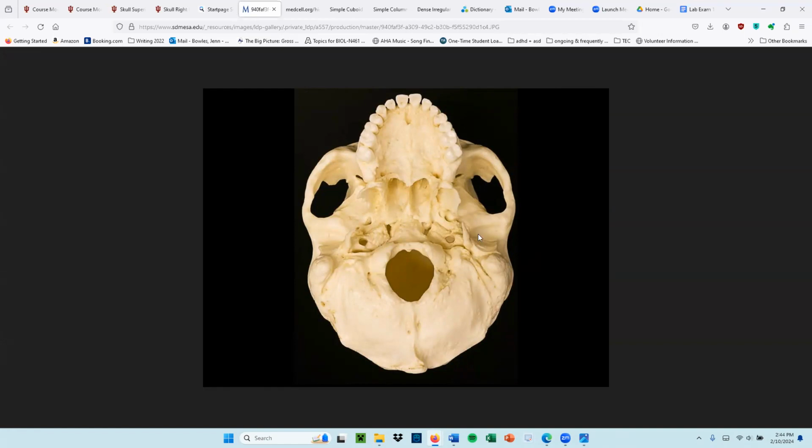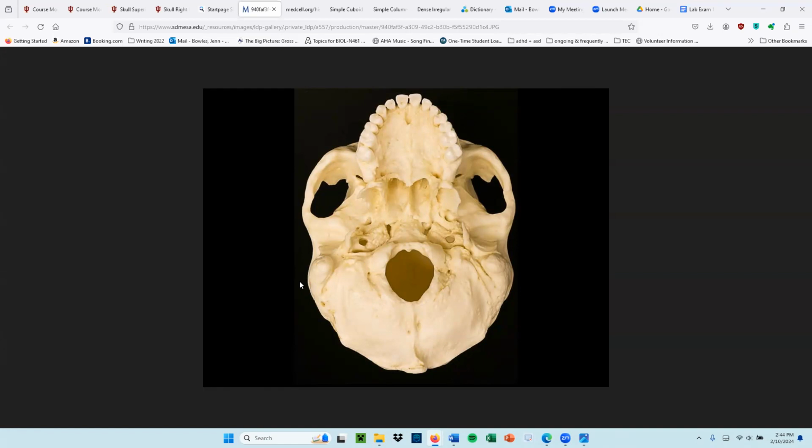We also have some of these landmarks that are associated with the temporal bone. So we talked a lot about that TMJ joint, the temporomandibular joint. Well, we have this condyle here, that mandibular condyle, mastoid process. There we go, mixing it up. Mastoid process, that's that part just behind the ear that you can palpate on yourself.